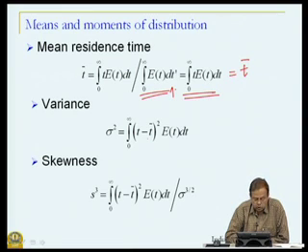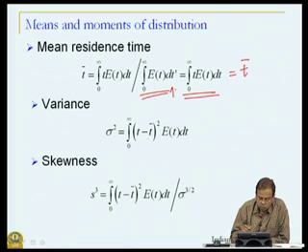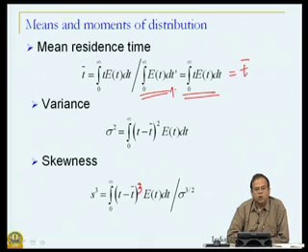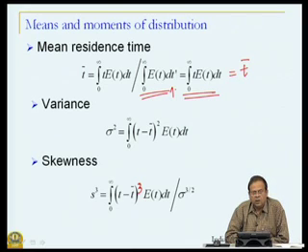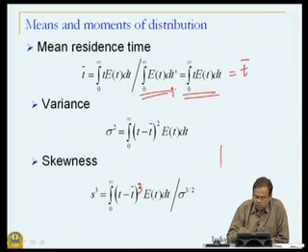And the skewness, this should read cube, t minus t bar cube e of t dt, that is the third moment, divided by sigma raised to 3 by 2, that is s cube. It tells us whether the fluid is coming out much before, that is skewness as the term indicates.